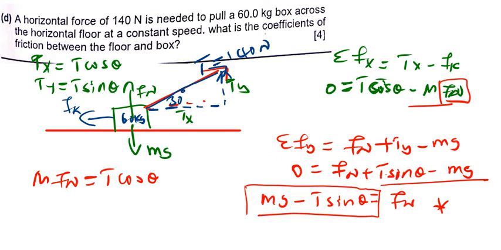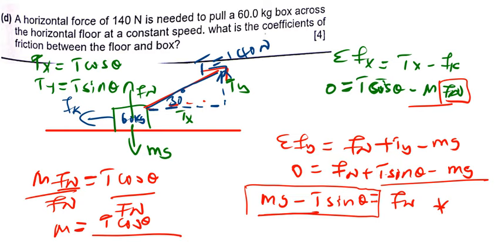So Fn is replaced by everything here, which is the same as dividing by Fn. Meaning that mu will be equal to T cos theta divided by mg minus T sin theta. That will be the formula now for finding the mu value. Does that make sense?